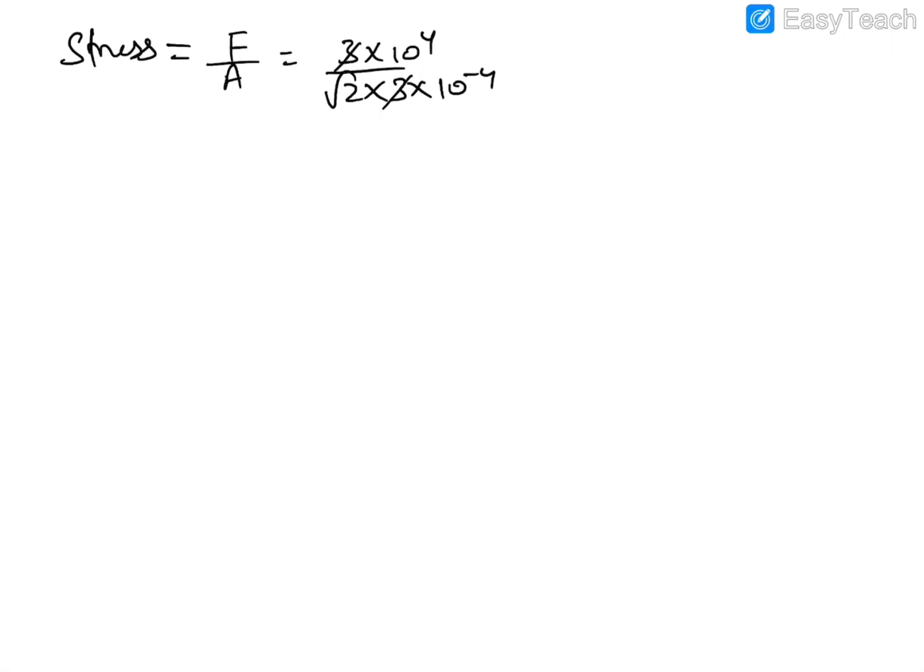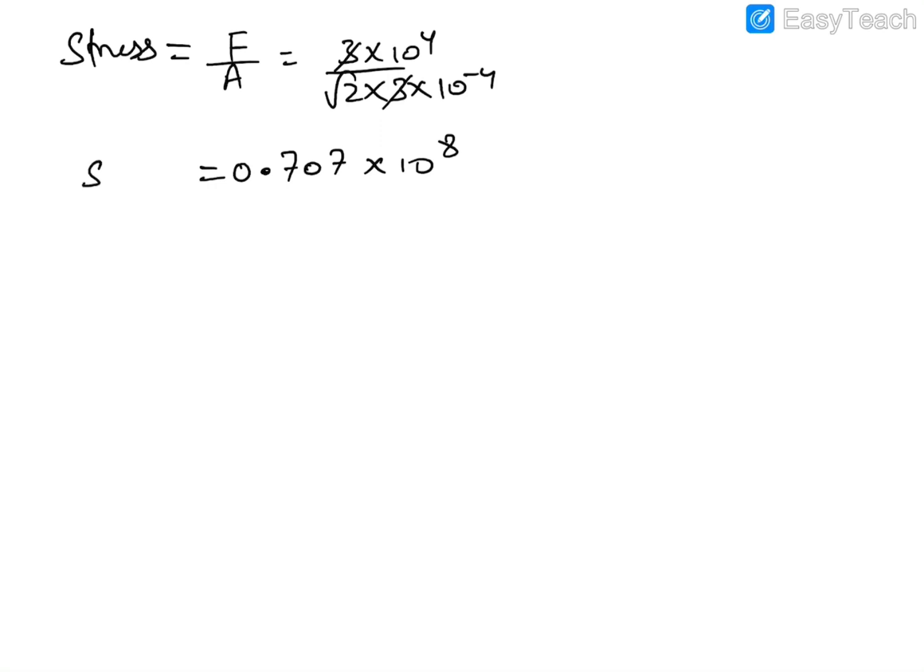So the stress developed in the bones will be F upon area, and F is 3 into 10 raised to power 4 upon root 2, and area is 3 centimeter square, which is 3 into 10 raised to power minus 4. So this will be 1 upon root 2, which is 0.707, into 10 raised to power 8.